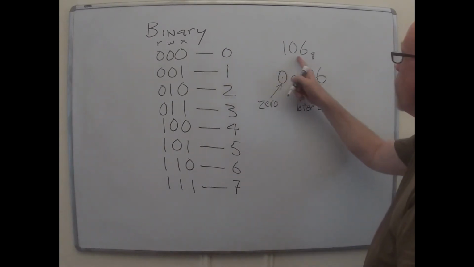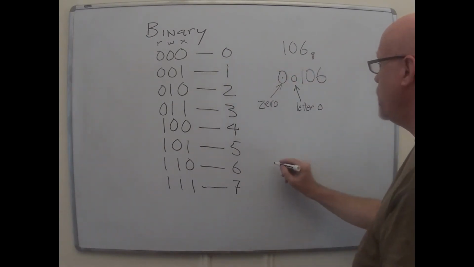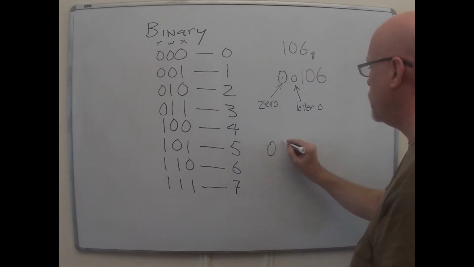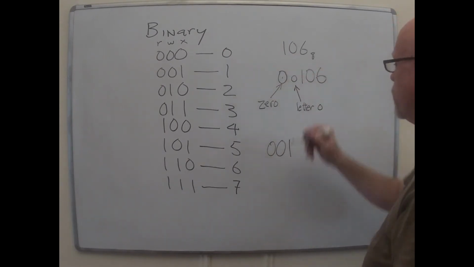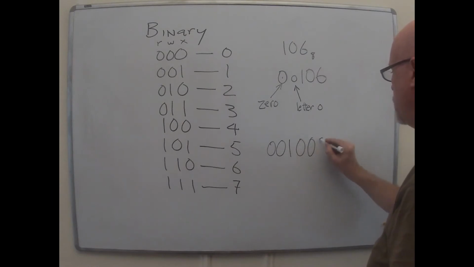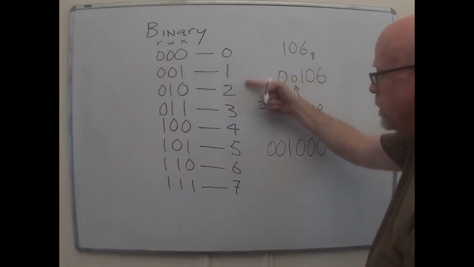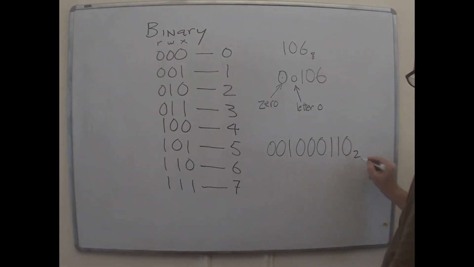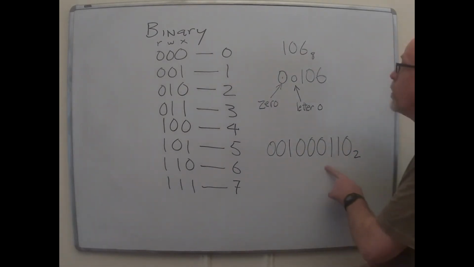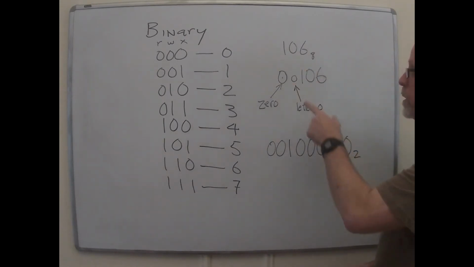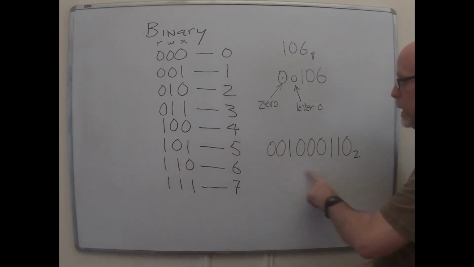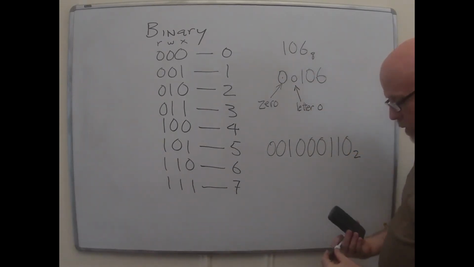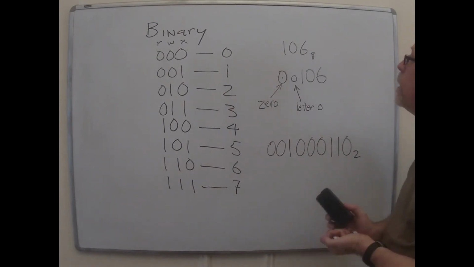So this number 106, for instance, in binary, it's 1, which is 001, 0, which is 000, and 6, which is, where's that? That's 110. So binary is great for the other computer science bases because it acts like a lingua franca. You can translate things to binary and then translate them to the other.